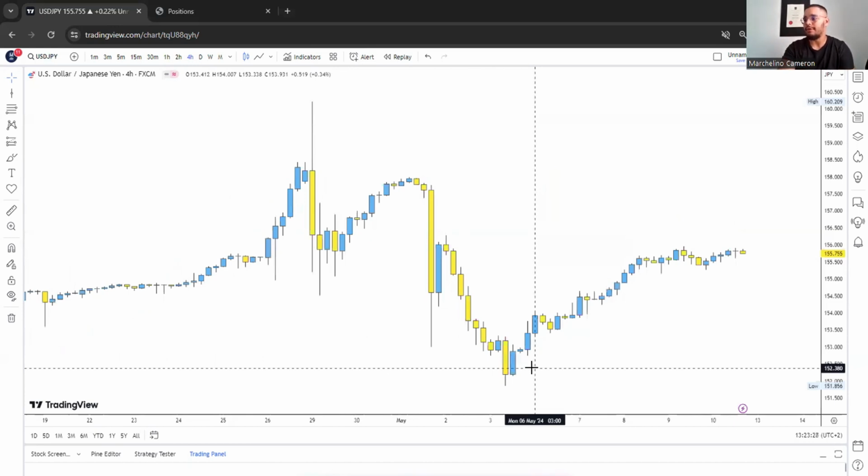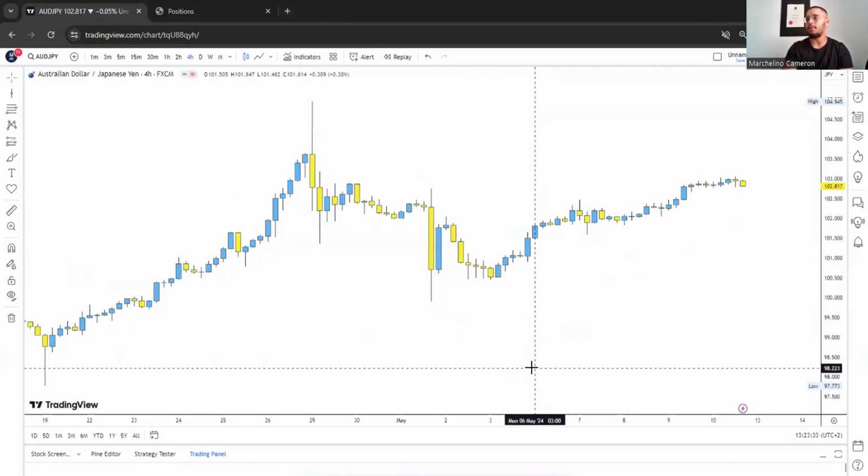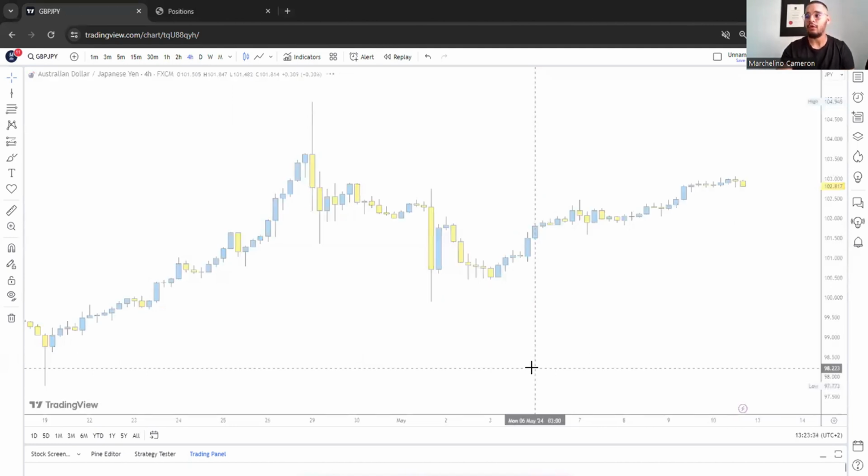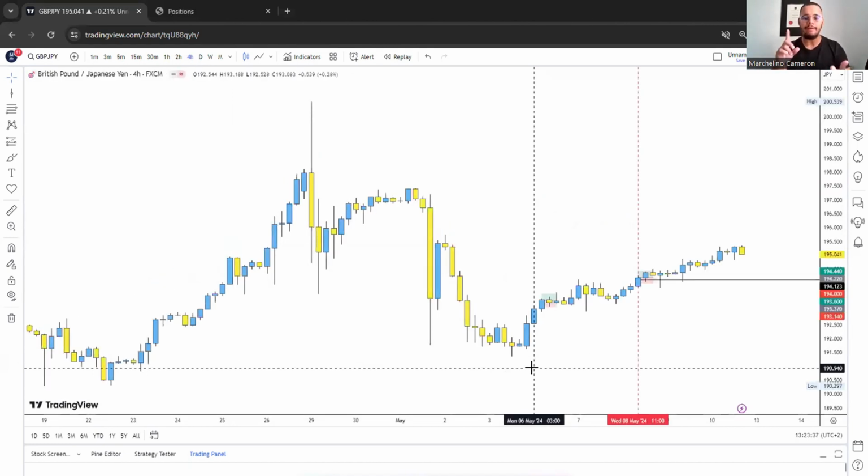Jumping onto USD JPY, exactly the same, and then AUD JPY, exactly the same. So with that being said, we have a mixture of sentiment on pound. However, we know exactly what could potentially happen with yen. So I'm expecting continuation of weak market sentiment for the yen, and with that, we're anticipating buys for GJ.